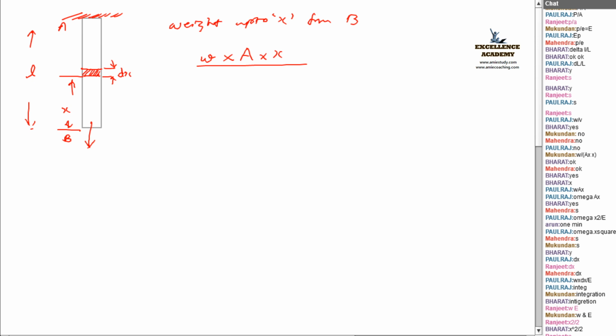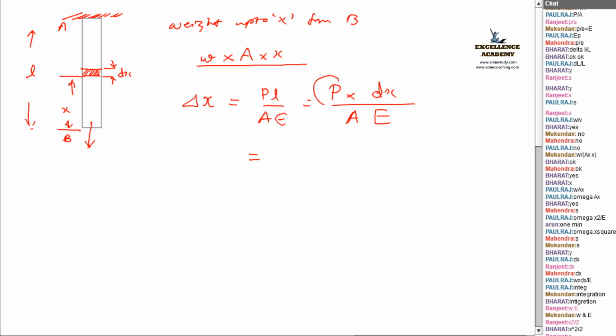Next, I want to find out the deformation due to its weight for that small part. For that small part, I take the elongation as delta x. Delta x equals PL by AE is our basic equation. So P into what is L there? dx. A is the area, E is Young's modulus of elasticity.